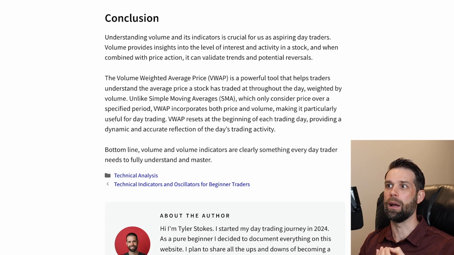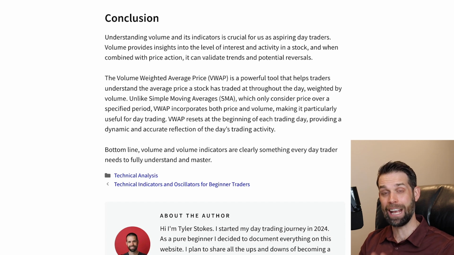VWAP resets at the beginning of each trading day, providing a dynamic and accurate reflection of the day's trading. You can also access the anchored VWAP indicator with your trading software tools, which allows you to anchor the VWAP to a specific date and see the volume weighted average price moving forward.